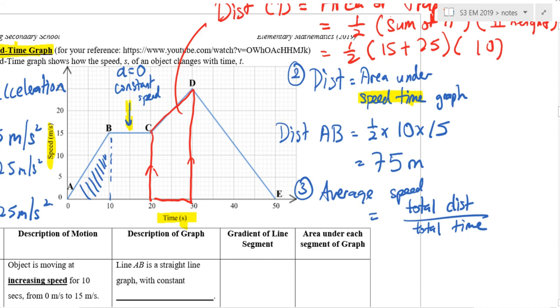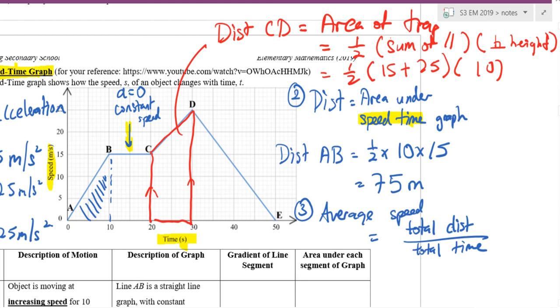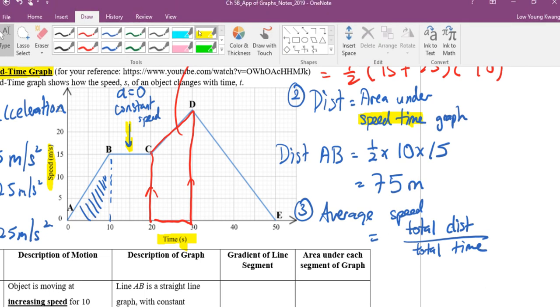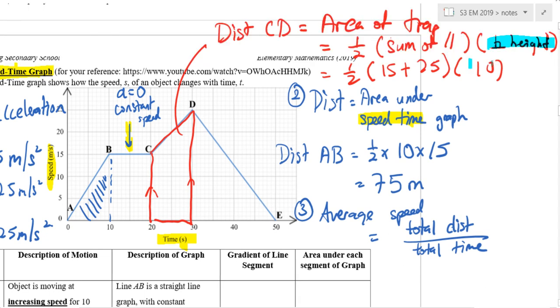Can you highlight the height? This is the height. The height is known as the distance between the two parallel sides.